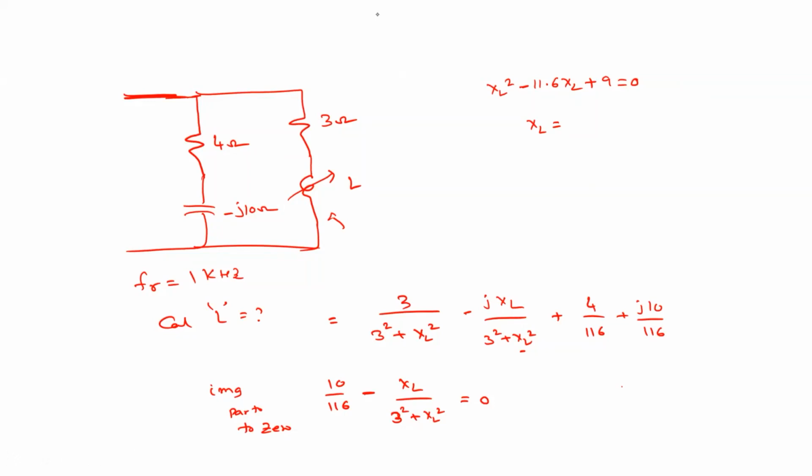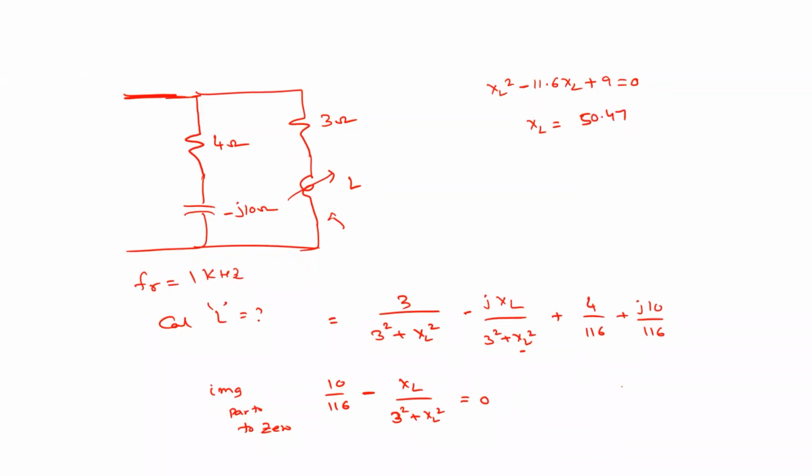Two possibilities are there. The roots are 11.6 plus or minus the square root of the discriminant, divided by 2. The final values are XL equals 10.765 and 0.836. So these are the values of XL.